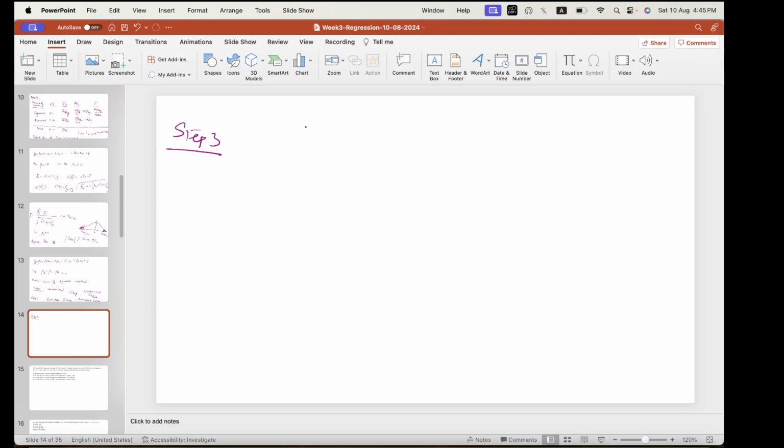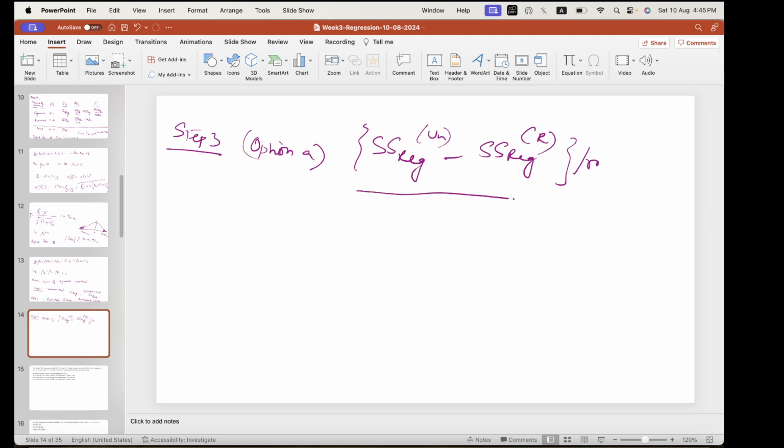Step 3 would be either option A, SS regression unrestricted minus SS regression restricted divided by r, okay, r is the extra number of parameters, by SS residual unrestricted by n minus k, and this would follow an F with r, n minus k distribution under H naught.